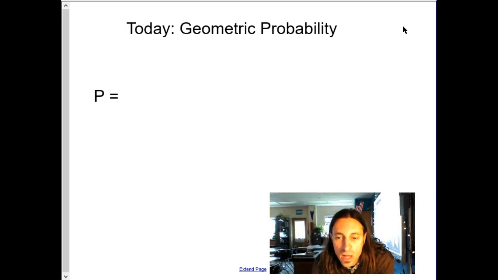new to you. The idea of probability is it's the likelihood of something happening, right? And it is usually written as a percentage or as a fraction.